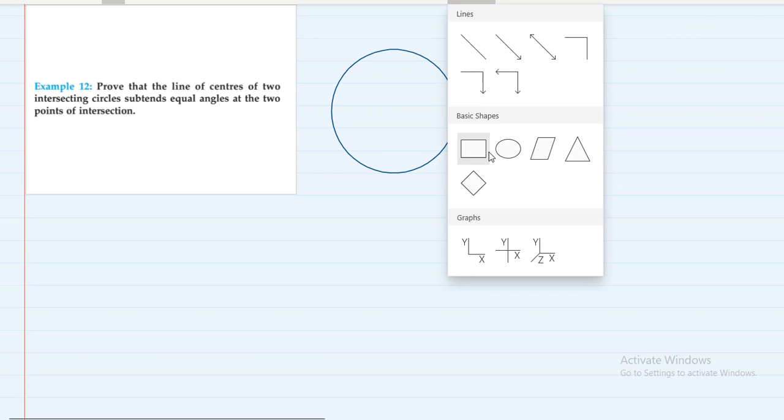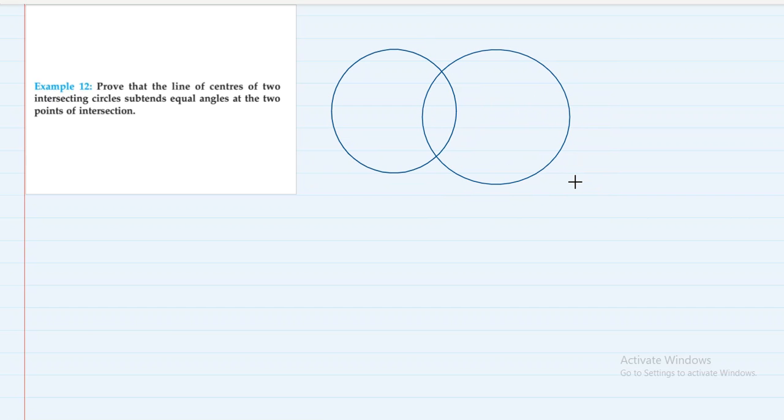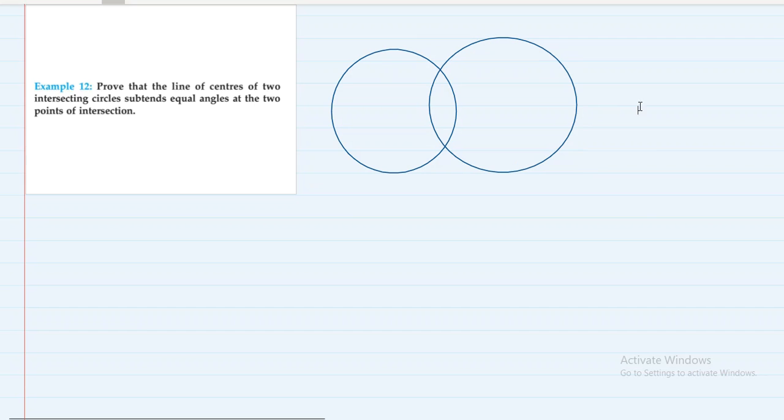Prove that the line of the centers of two intersecting circles subtend equal angles at the 2 points of intersection. Okay, let's draw two circles, two intersecting circles. Okay, so these are two intersecting circles.